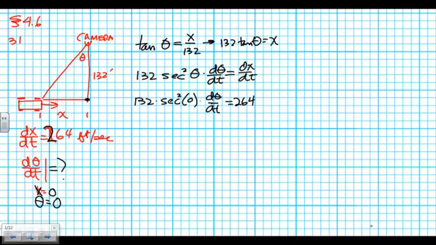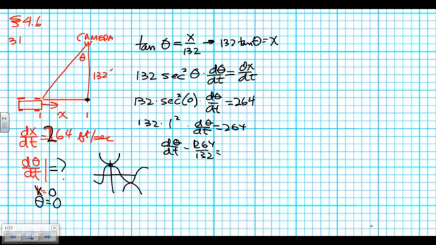What is the secant of 0? Let's see. If cosine looks like this, doesn't secant look like that? At 0, it's 1. So 132 times 1 squared times d theta dt is equal to 264, or d theta dt is equal to 264 divided by 132, which is 2.